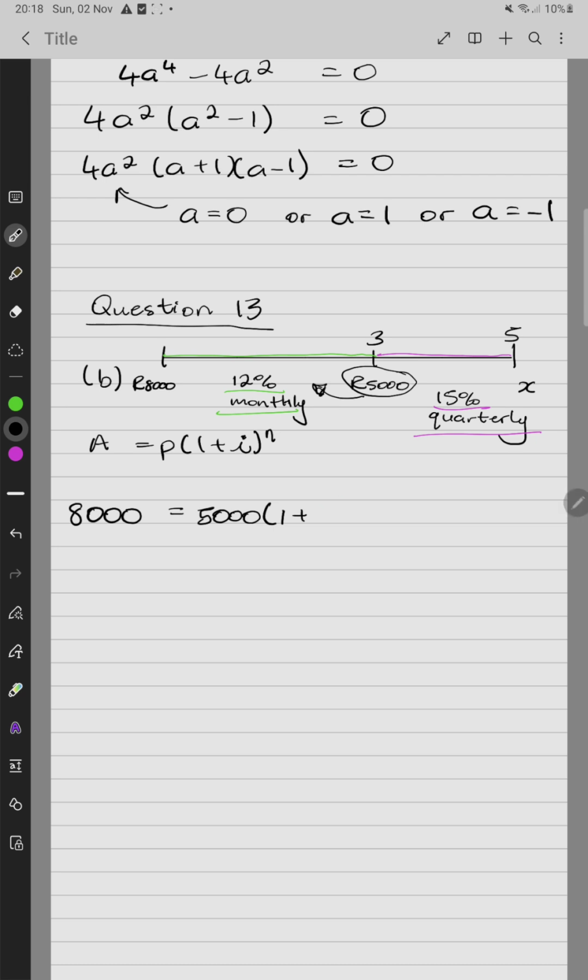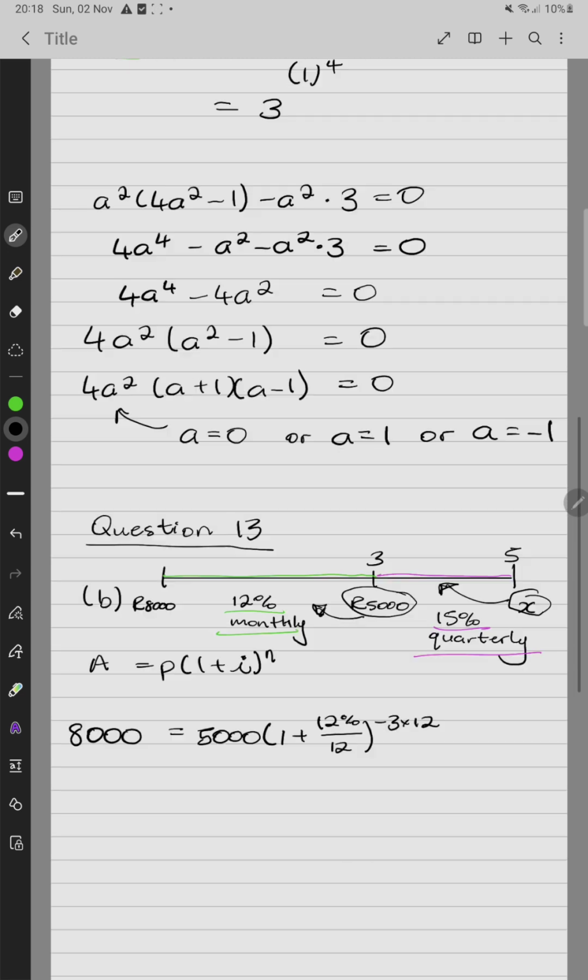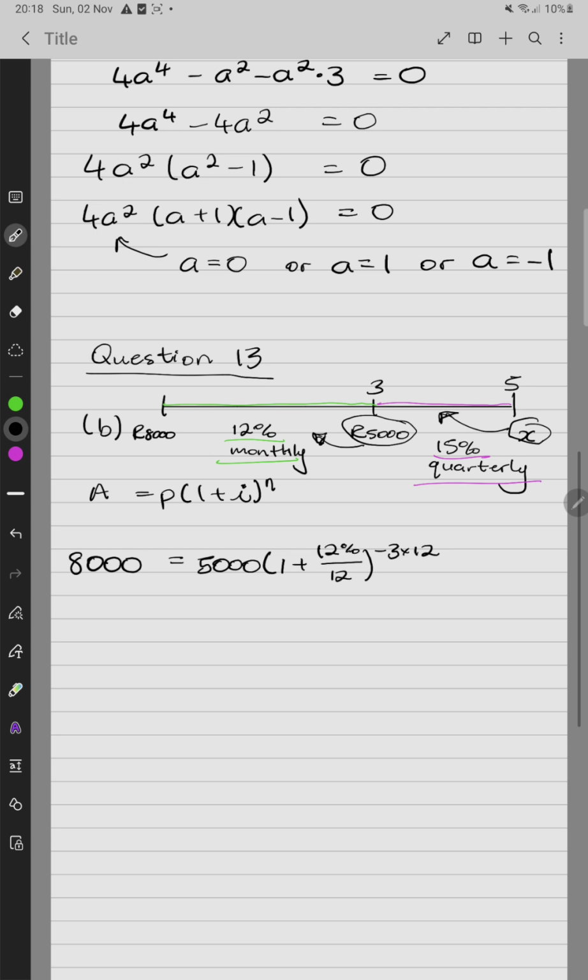So it will be 12% compounded monthly to the power of -3 times 12. And then now we need to figure out this X amount. Also notice we're working backwards, so we have to look back. But can we only look at what he owed from year 3 to 5? No, because this amount must offset the whole amount. So we will take that 5,000 plus X times 1 plus 12% divided by 12 to the -3 times 12.